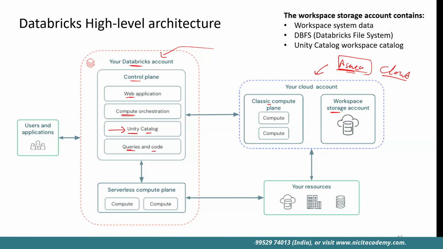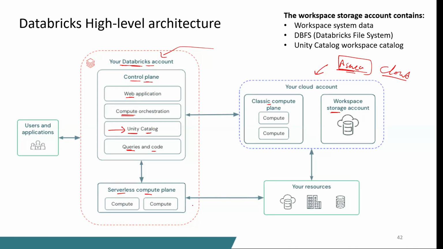Queries and code will be performed here on the Databricks account. So these are the things happening on the control plane. And when you're talking about the serverless compute plane, it means the compute which happens without actual virtual servers. It's a service which is again happening on your Databricks.